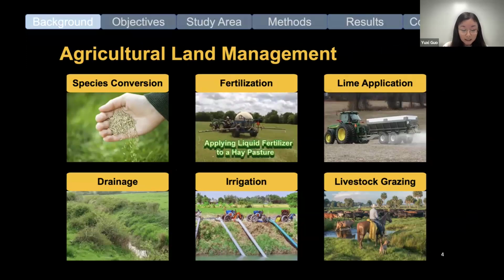As shown here, this includes species conversion, where native vegetation is replaced with more productive forage grasses, and regular fertilization to enhance productivity, lime application to adjust soil pH, and modifications to drainage or irrigation to control the soil moisture conditions. And livestock grazing intensity is another crucial management practice that can vary significantly across the landscape.